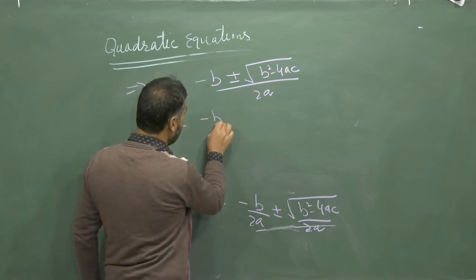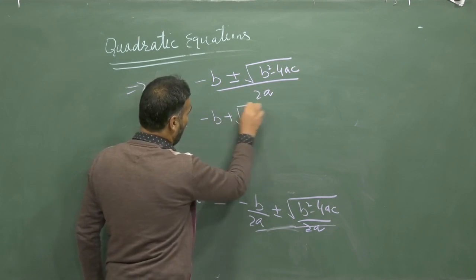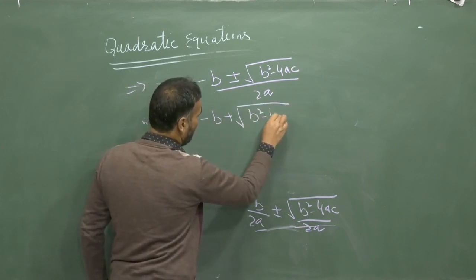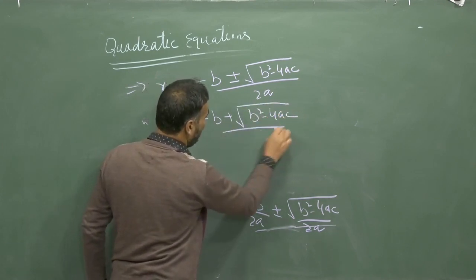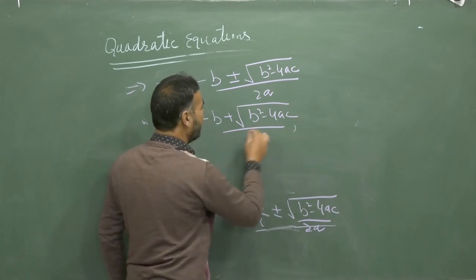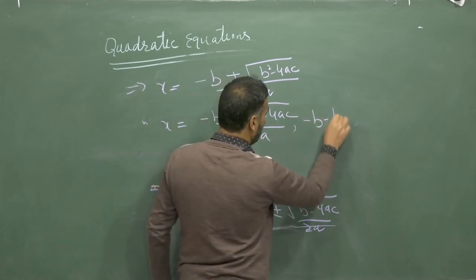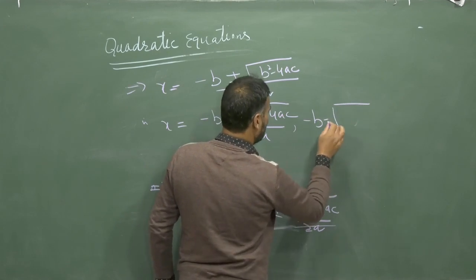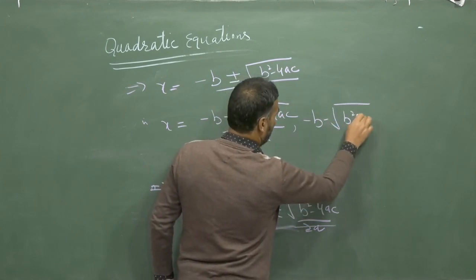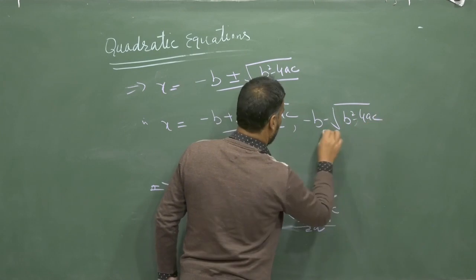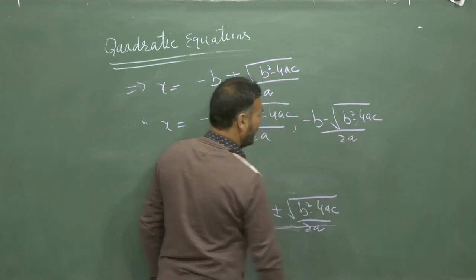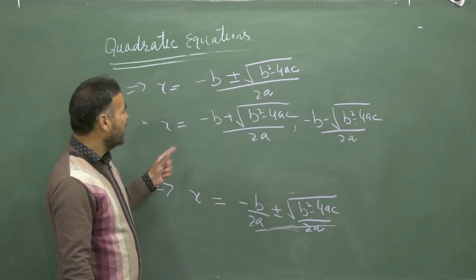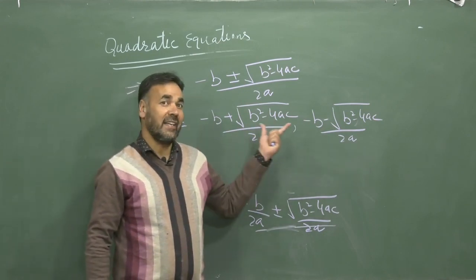One is minus b plus square root of b square minus 4ac divided by 2a, and the second one is minus b minus square root of b square minus 4ac divided by 2a. These are said to be the two roots of a quadratic equation.